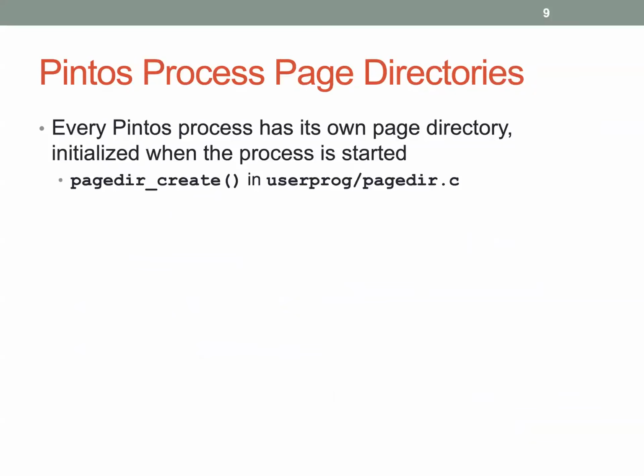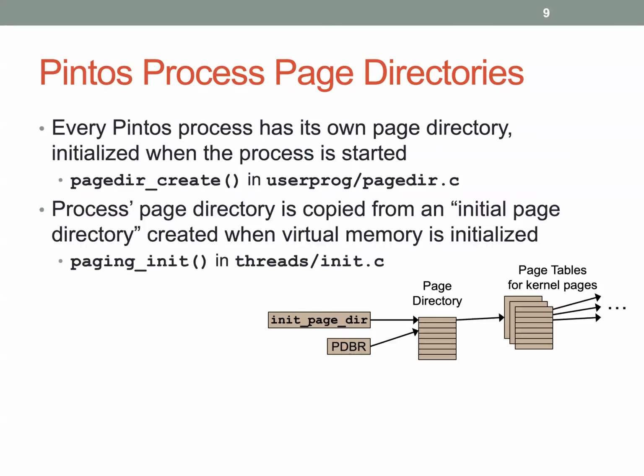Okay. How do the page directories work? Well, there's a function in pagedir called pagedir_create, and that initializes a new page directory for a process. And literally, this is how it works. There is an initial page directory that's created in init.c, called init_pagedir. When it's initialized, only the kernel address mappings are set up in this page directory.